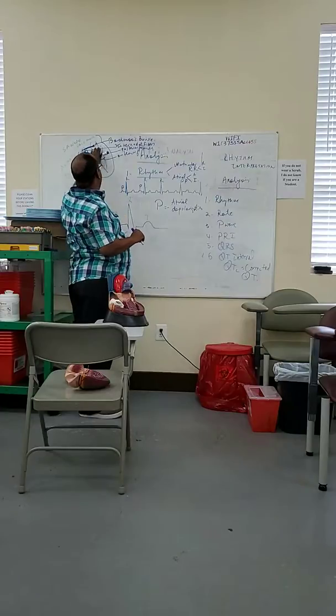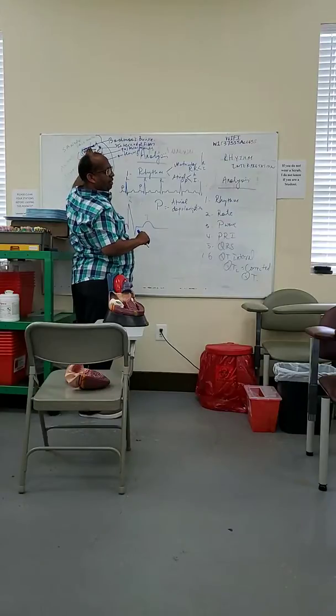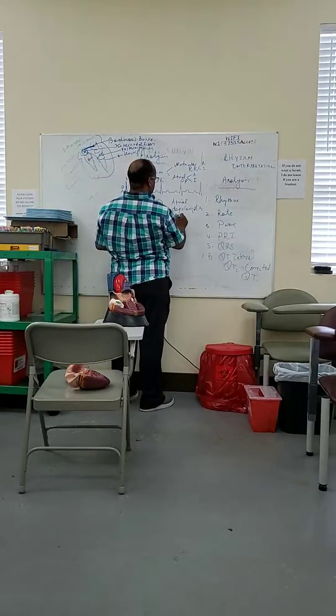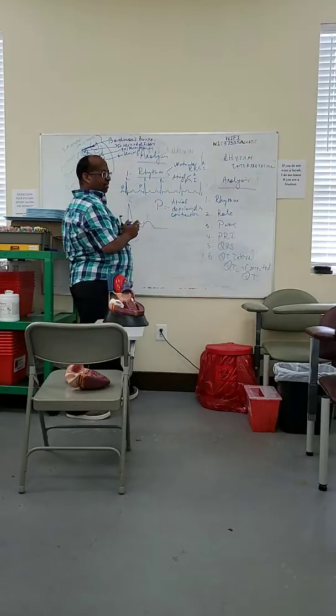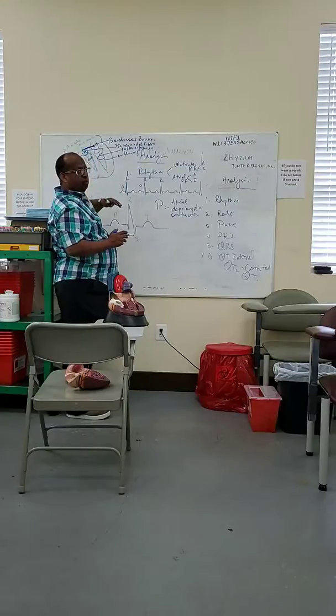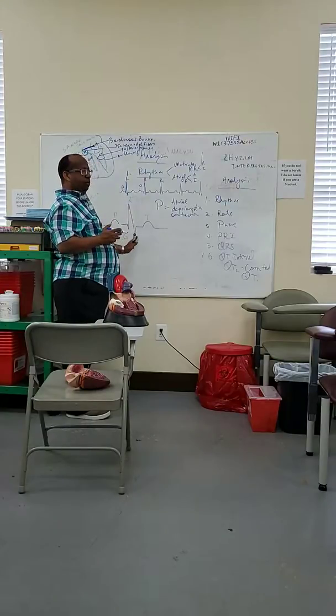Usually, after this one is done, there is a 0.1 second delay in the AV node. Okay, so this is like what? Atrial depolarization or contraction? Atrial contraction. So the atria contracts. Then next will be what? It goes to the ventricles. So the ventricles will depolarize. Yes? And that's depicted by QRS.